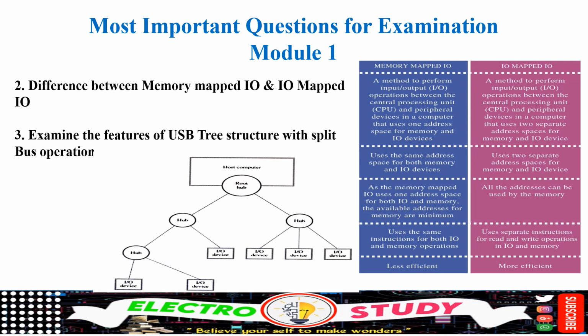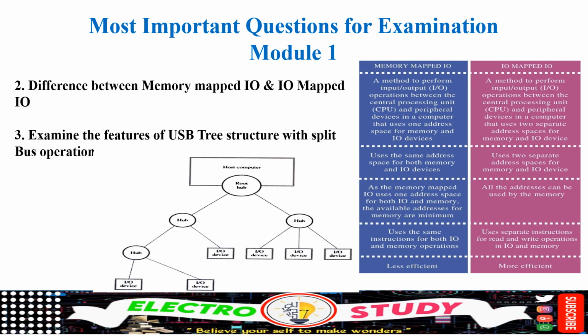Here the memory mapped will be using the same address space for both the memory and the input output device. In IO mapped, separate space will be used for memory and IO devices. So like that you will be explaining some 6 to 7 points for memory mapped and IO mapped input.